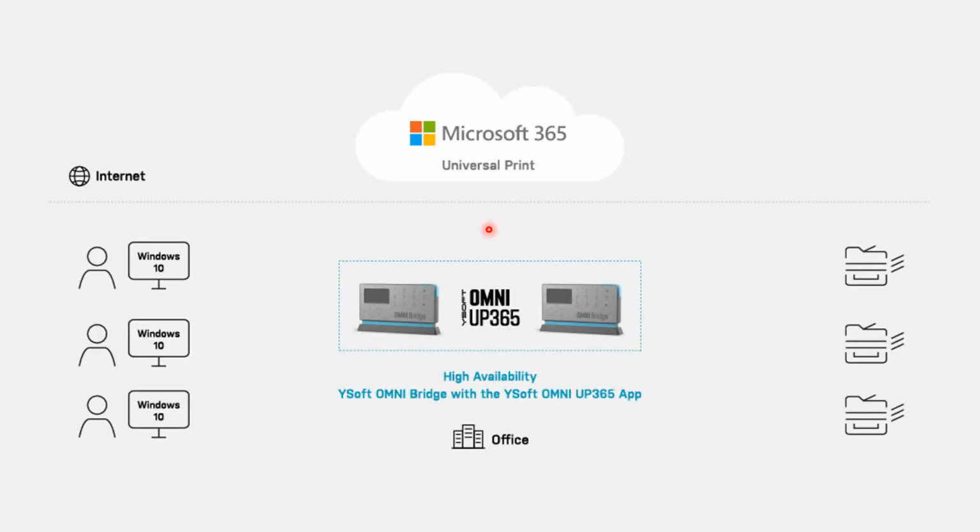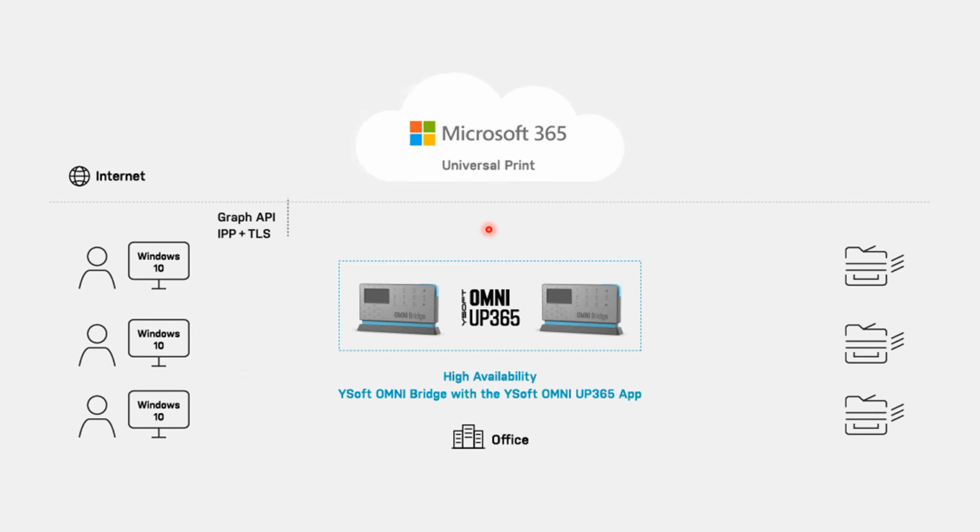So what are the alternatives to that? I already explained in the partner slide that we have a partner called Omni. They have a Universal Print 365 bridge that can bridge your on-prem printers that are not Universal Print ready directly to the Universal Print service. That bridge is sort of the service bus conversion between legacy and new, and you only have to put that bridge inside your network where those printers reside.